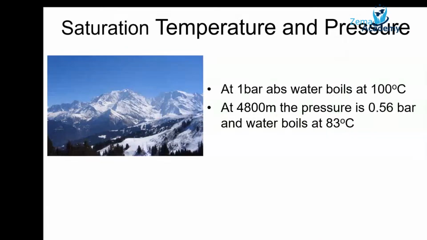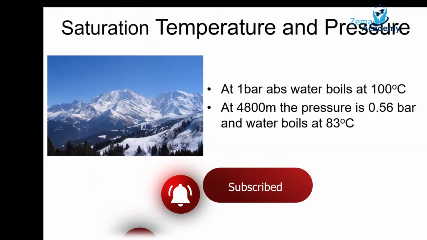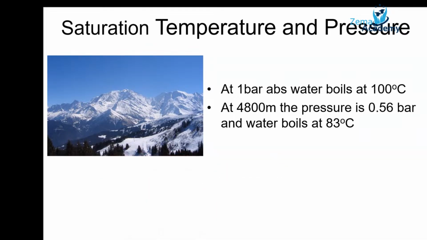For instance, if you take water and try to boil it at, let's say, 4,800 meters, at a pressure of 0.56 bar, the water boils at 83 degrees C. So as you can see, not 100, the one that we always say; depending on the pressure, water can also boil at 83 degrees C. So what I wanted to highlight here is the relationship between pressure and temperature. And that is critical in any refrigeration system that we will look at.